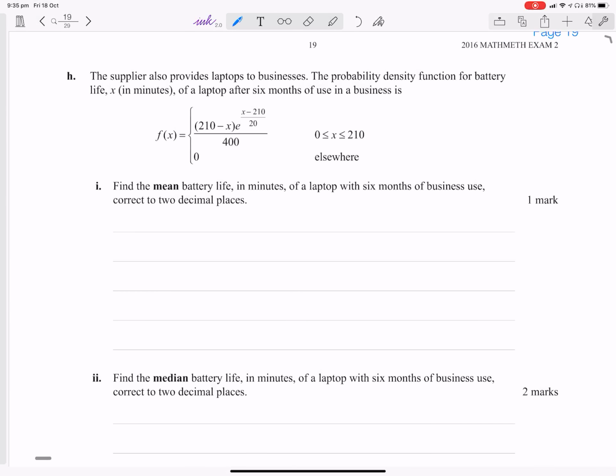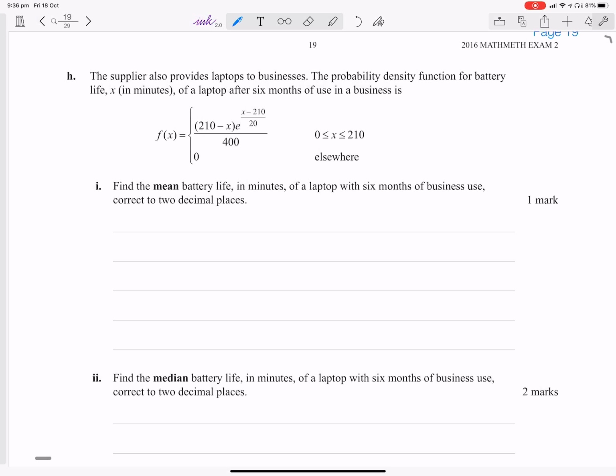Okay, the supplier also provides business laptops to business. For the battery, the probability density function is given below of a number of minutes after 6 months of use. Find the mean.